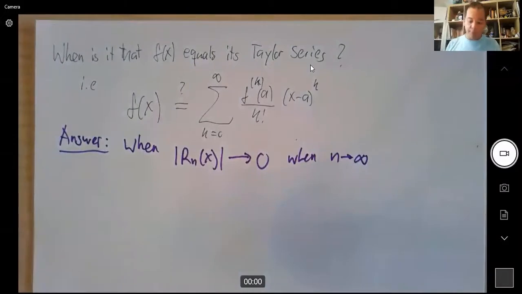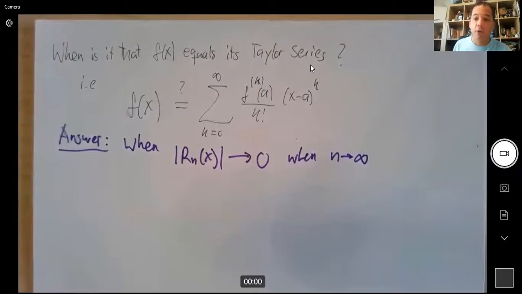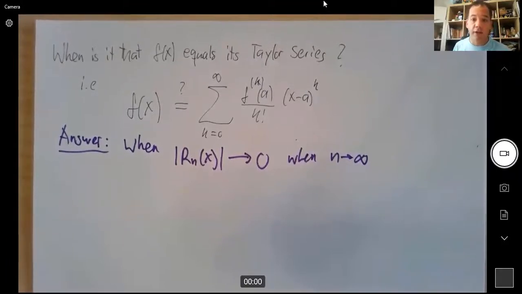And we showed an example for the function e to the x, and we're gonna kick off today's lecture by doing another example. This is when the function is cosine.